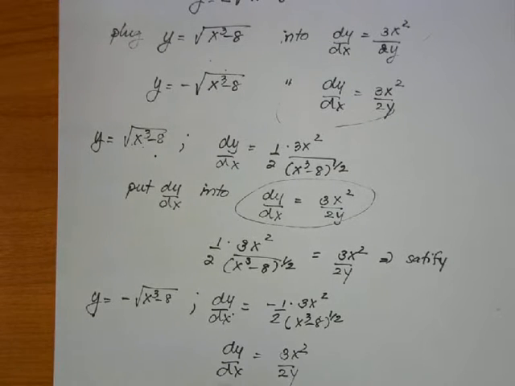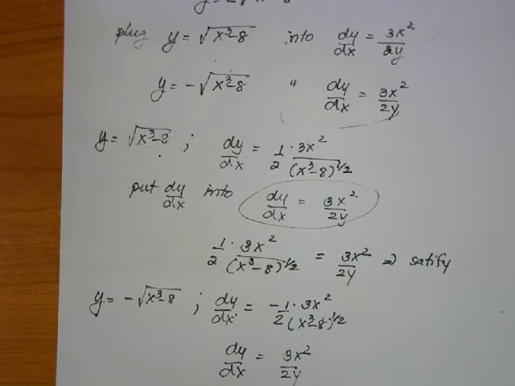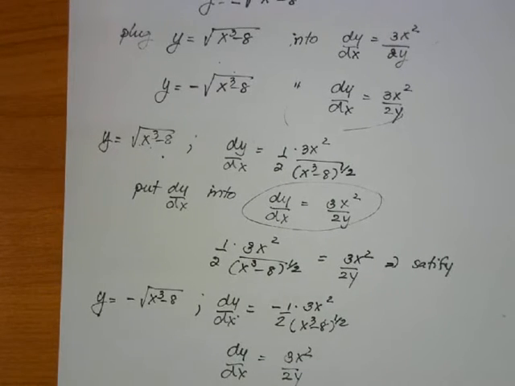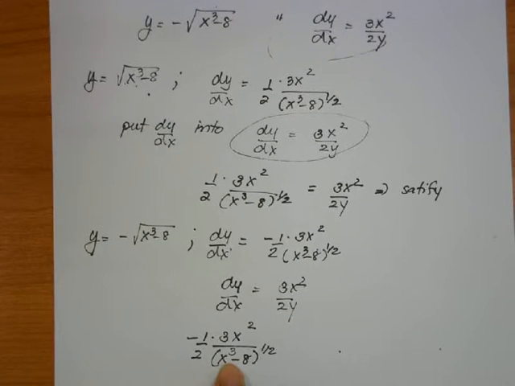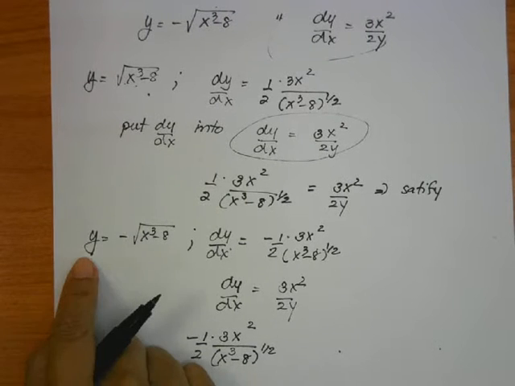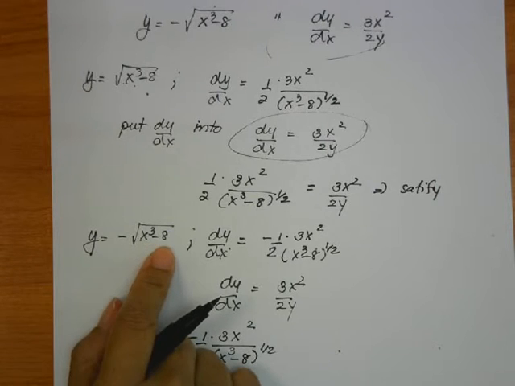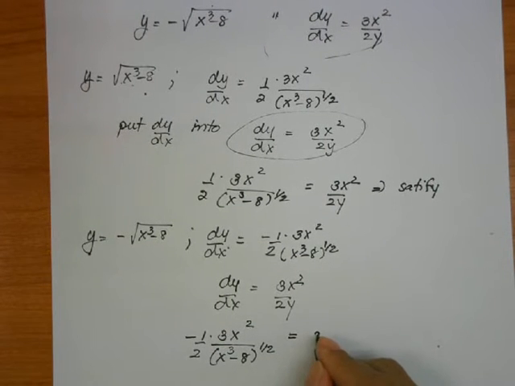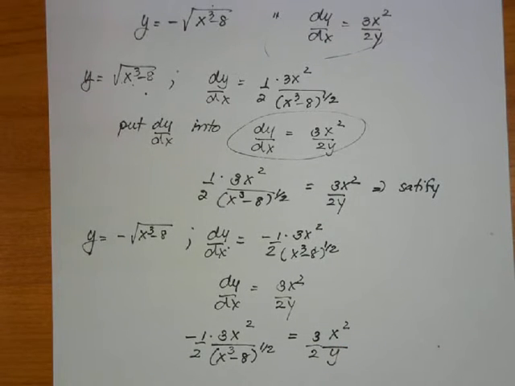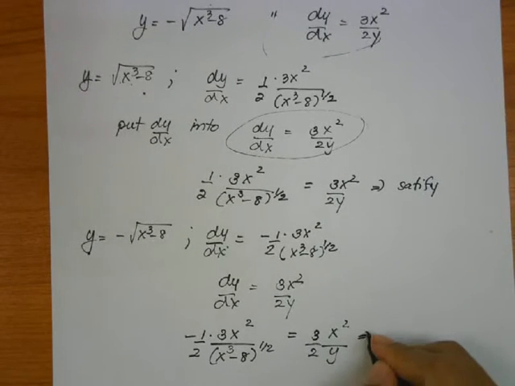Our derivative is equal to minus 1 over 2 times 3x squared divided by the square root of x to the power 3 minus 8. But now our y is equal to minus the square root of x to the power 3 minus 8. So that means this term is equal to this one. Simplify again.